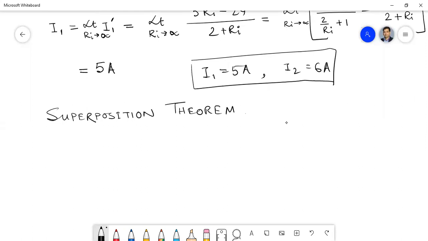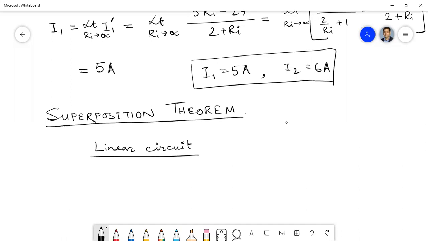Okay. So before going into the superposition theorem, there is a term which is called the linear circuit. Do you know what is linear circuit? So linear circuit is that which obeys the principle of superposition.